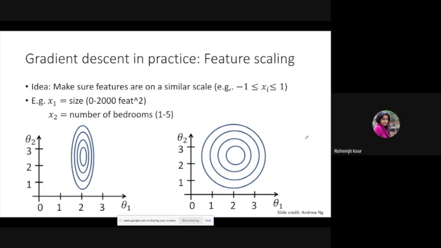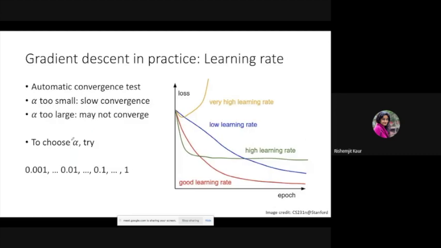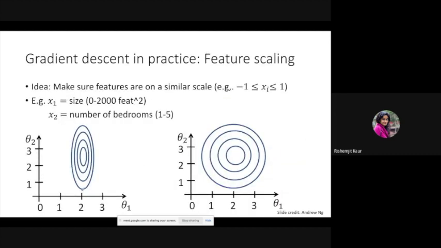Now, there are a couple of problems that happen in gradient descent. If you remember, I talked about the scaling of the features, where the number of bedrooms will have a completely different range than the age of the house, which may only vary till 40. So when we have different scaling, the contour plot will look like this. It becomes difficult for our gradient descent to find the parameters.